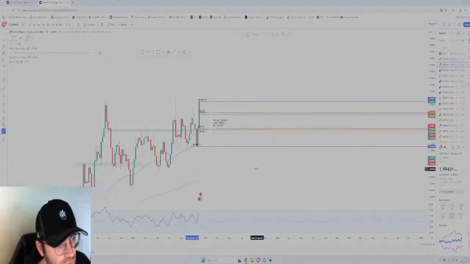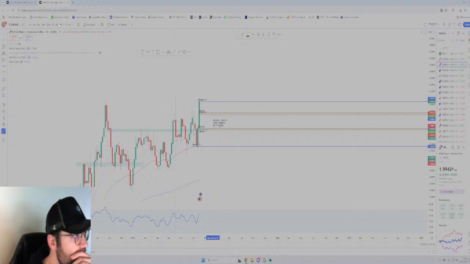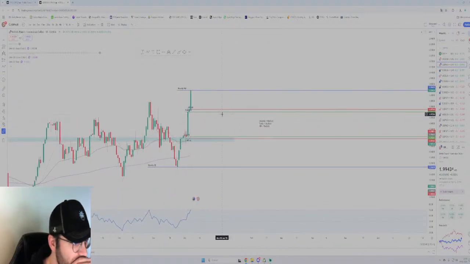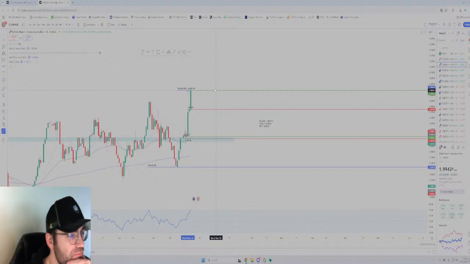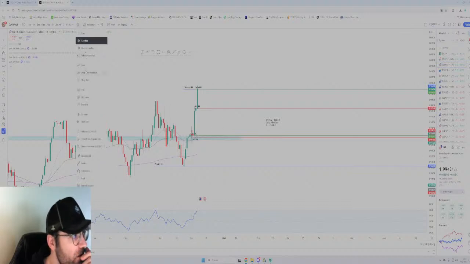Higher low, bullish. Let's see how the daily is looking, if it created any sort of structure. Well, the daily is actually also over here. I don't know if you should already put it up there, but I'll put it up there for now. Maybe this higher low is actually a little bit lower.